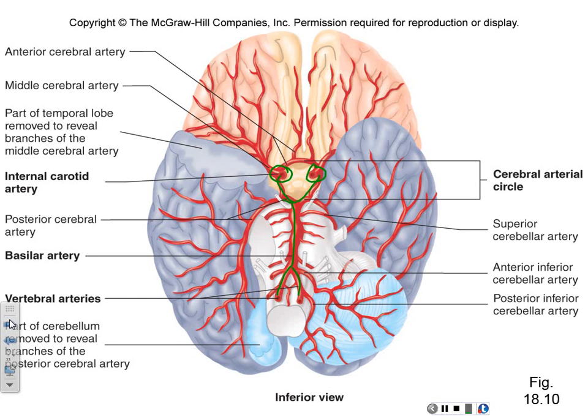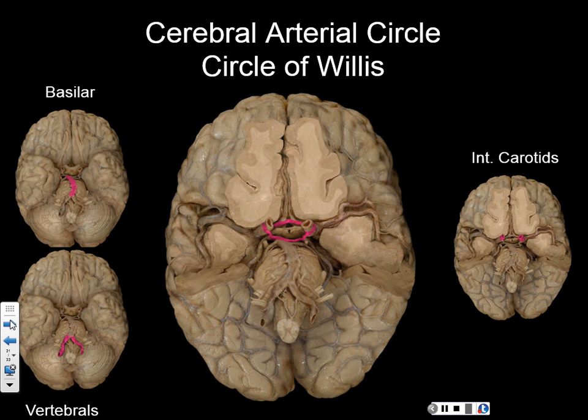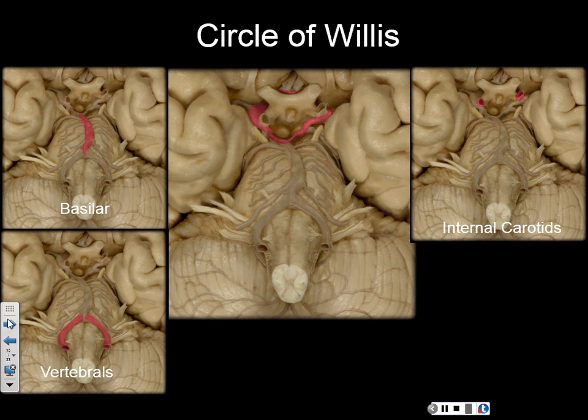They come and meet, and then this is the anterior cerebral artery, and this here is what's called the circle of Willis. So there it is, the basilar artery, you see how they meet. This is an actual brain. And this is where they meet, and the circle of Willis over there. And those are the internal carotids. And then another picture showing a close up.